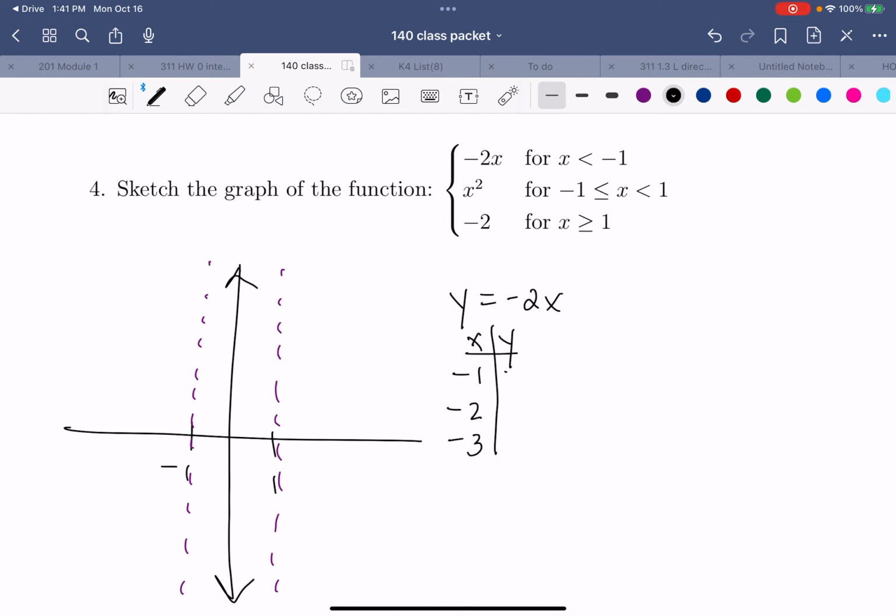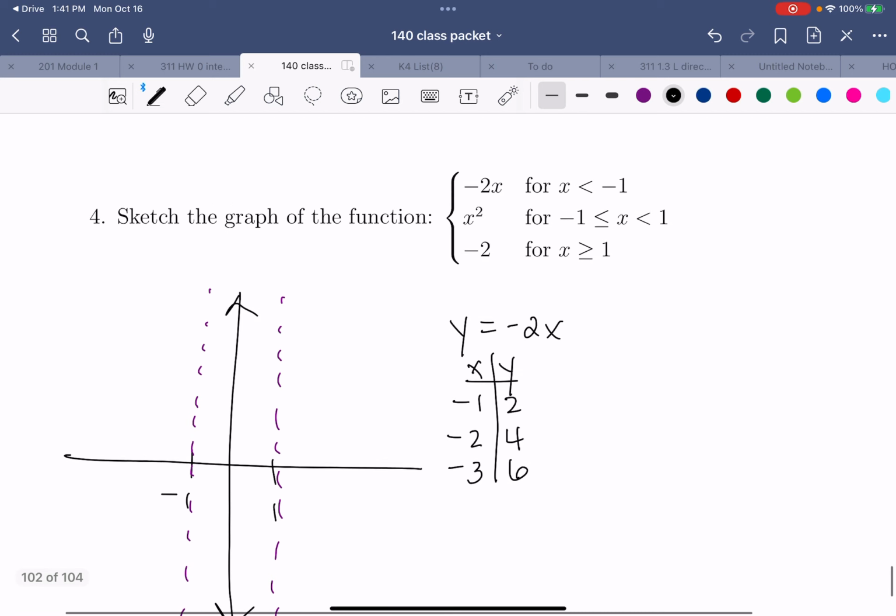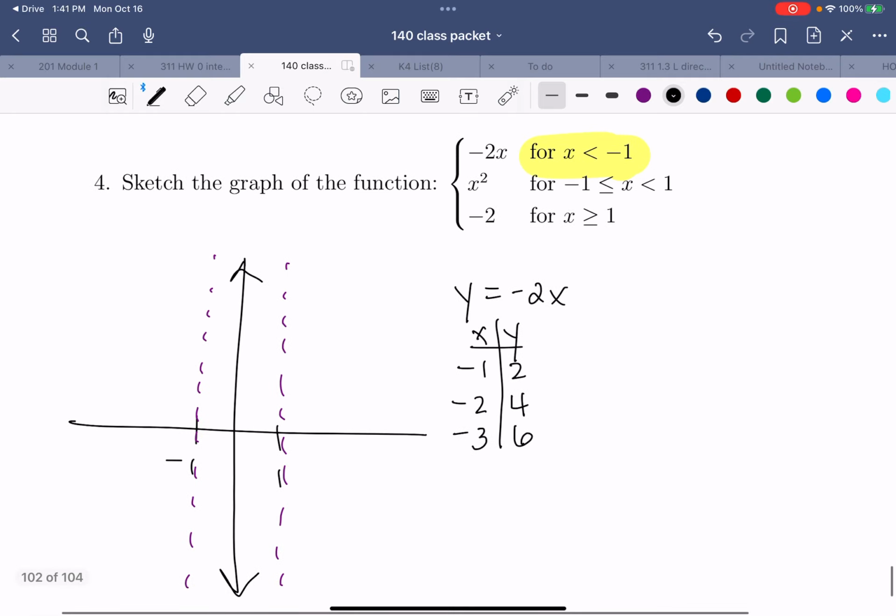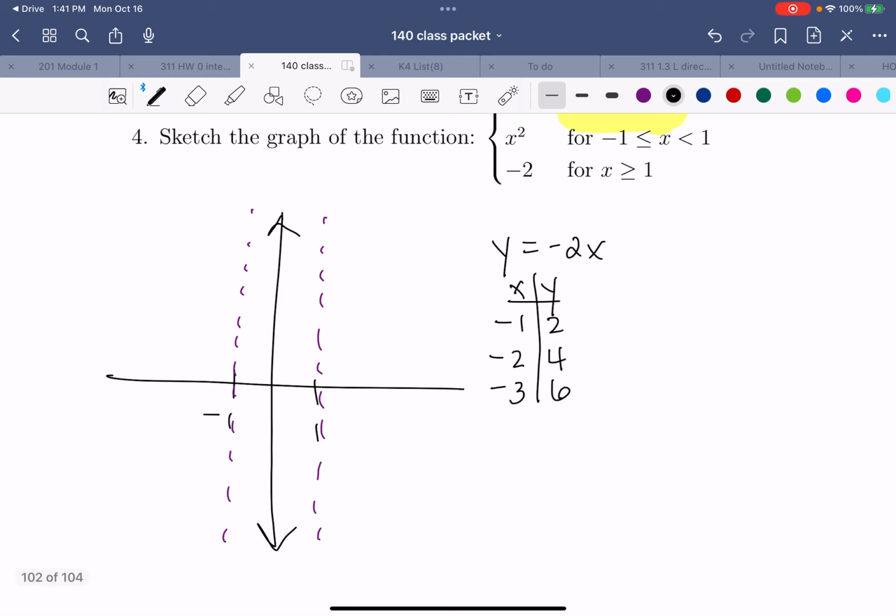Negative 1 times negative 2 is 2. Negative 2 times negative 2 is 4. And negative 3 times negative 2 is 6, right? You're plugging in for the x. Keep in mind that this first one up here is not or equal to, so it's strictly less. So I'm going open circle on this one. Open circle at negative 1, 2.